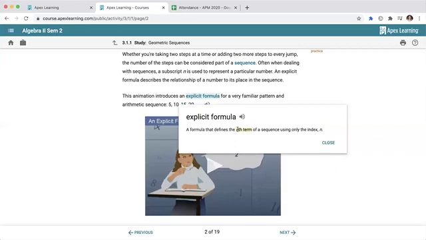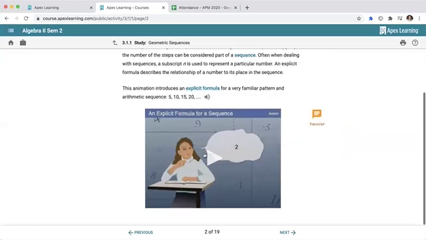What we say is the nth term. If we're using the nth term, we're using any potential possible term of this sequence, a general term only using the index n. So let's take a look at what this means here.